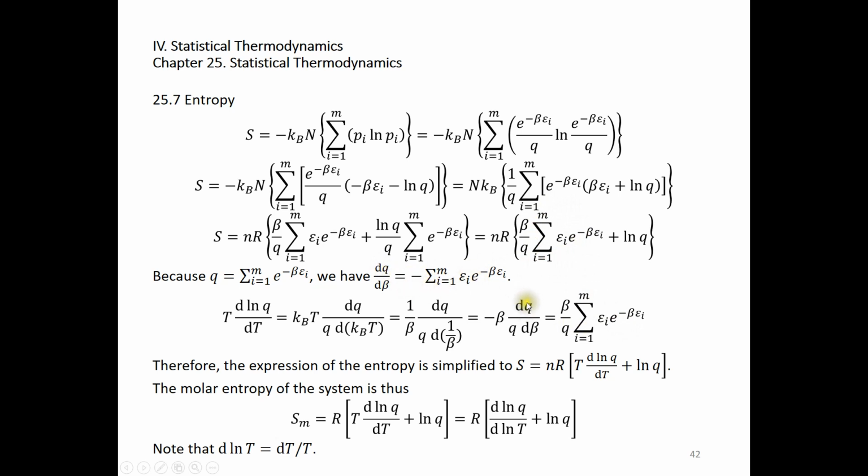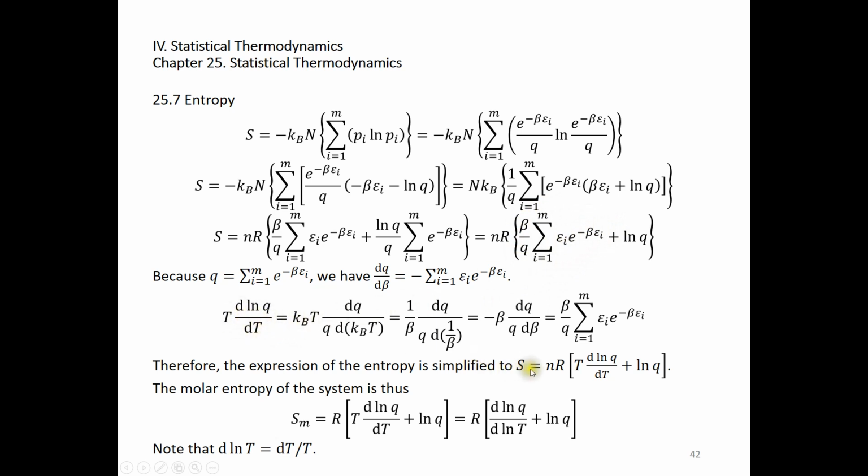So I'll just replace this dq over d beta with this whole thing. There's a negative sign here, they cancel. And then you have beta over q. We copy that here, and then we copy the sum here. So now you can see beta over q times the sum of epsilon i times e to the power of negative beta epsilon i is T d ln q over dT. So this whole thing, I was just proving this is equal to T times d ln q over dT. This part can be replaced with T times d ln q over dT.